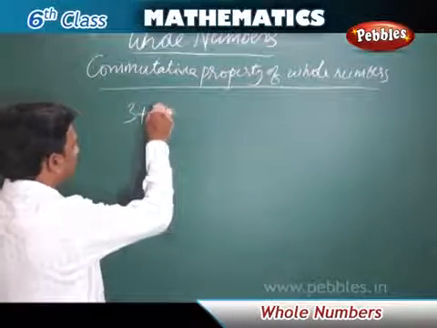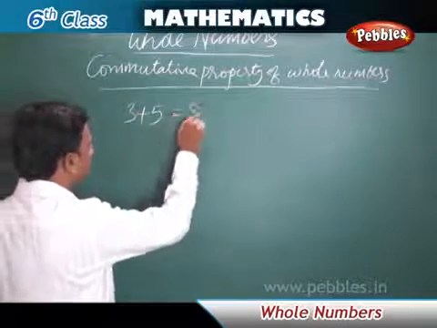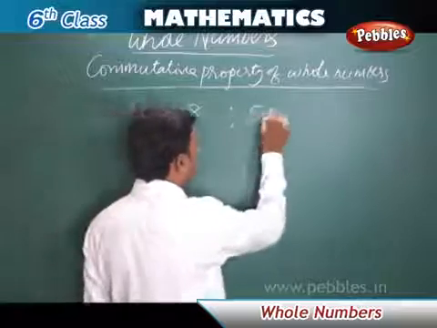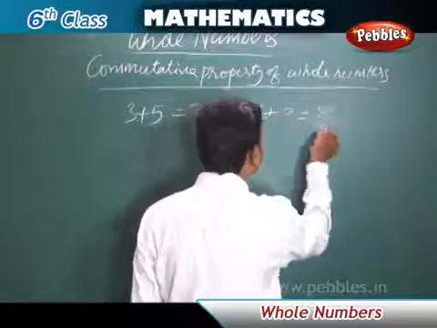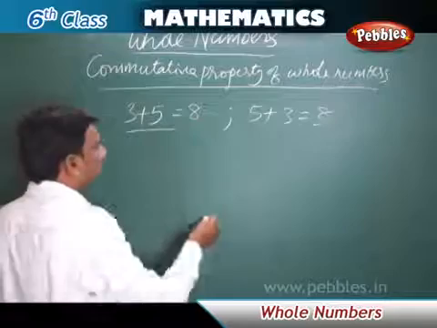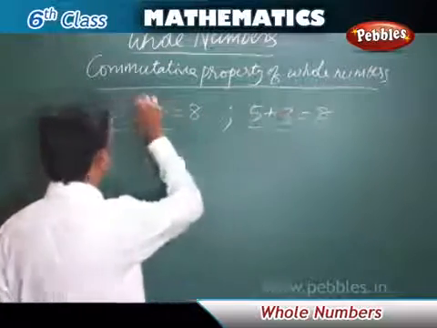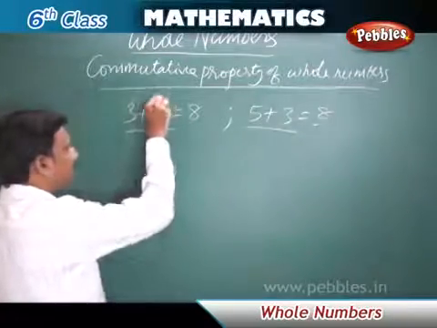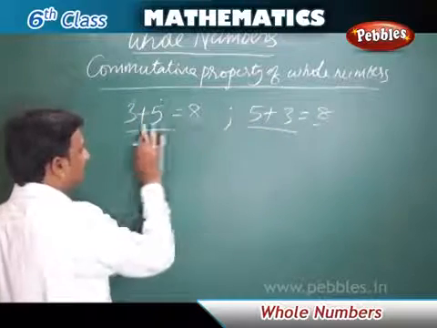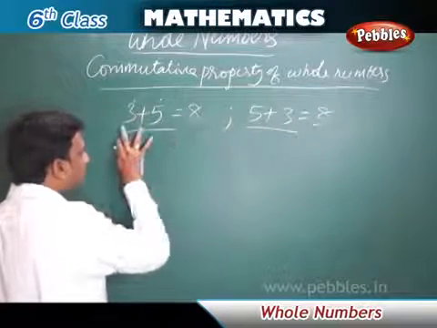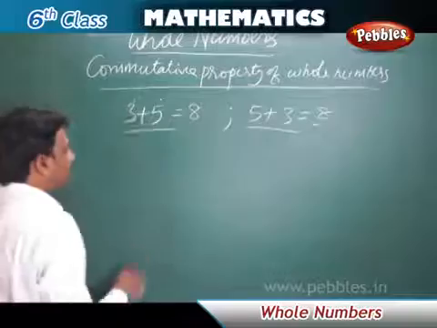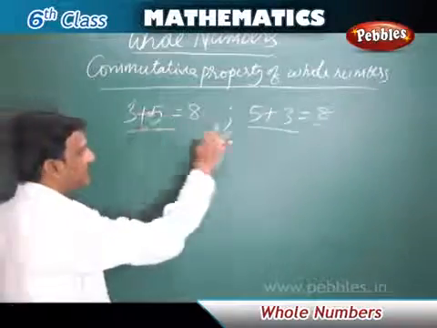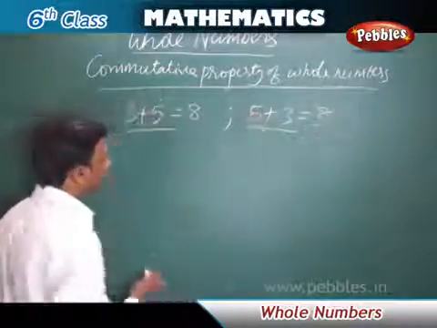Let us see the addition of 2 whole numbers. 3 plus 5 equal to 8. 5 plus 3 equal to 8. So here we have an addition of 2 whole numbers, 3 plus 5. In both the cases, the whole numbers are same, but the pair order is changed. Here the same pair 3, 5, even 5, 3. The order is changed.